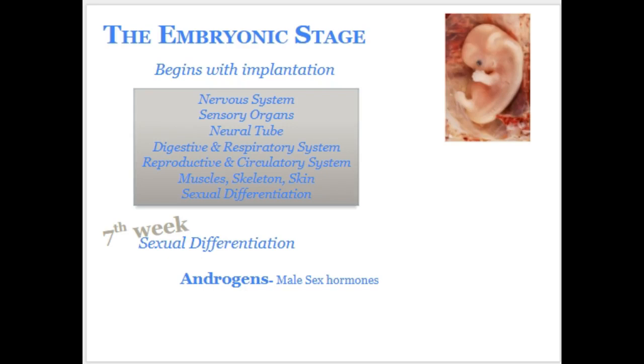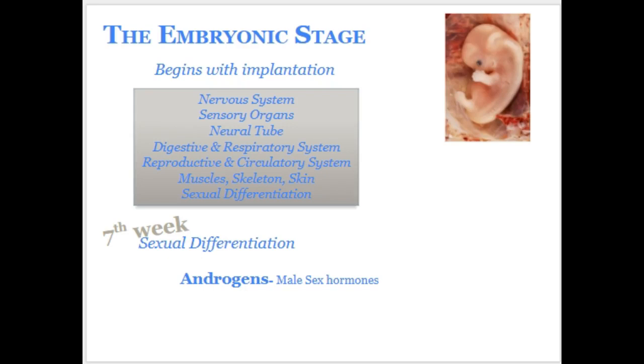The next stage of prenatal development is called the embryonic stage. Now, the embryonic stage begins with implantation. So, as mentioned earlier, the germinal stage lasts about 2 weeks. So it takes about 2 weeks for that zygote and blastocyst to make it to the uterus and implant.